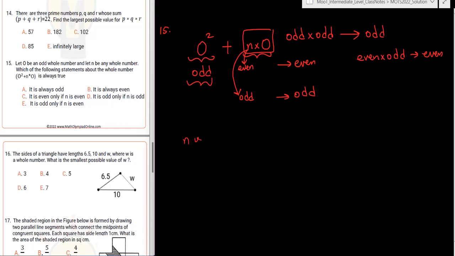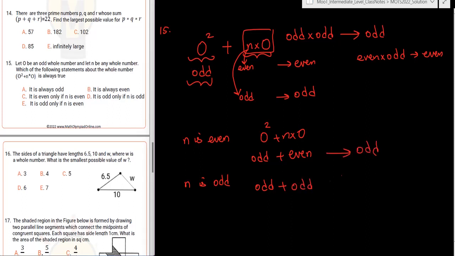If N is even, your answer O square plus N into O is going to be odd plus even. If N is odd, your answer O square plus N times O is going to be odd plus odd. So odd plus even is odd, and odd plus odd is even.